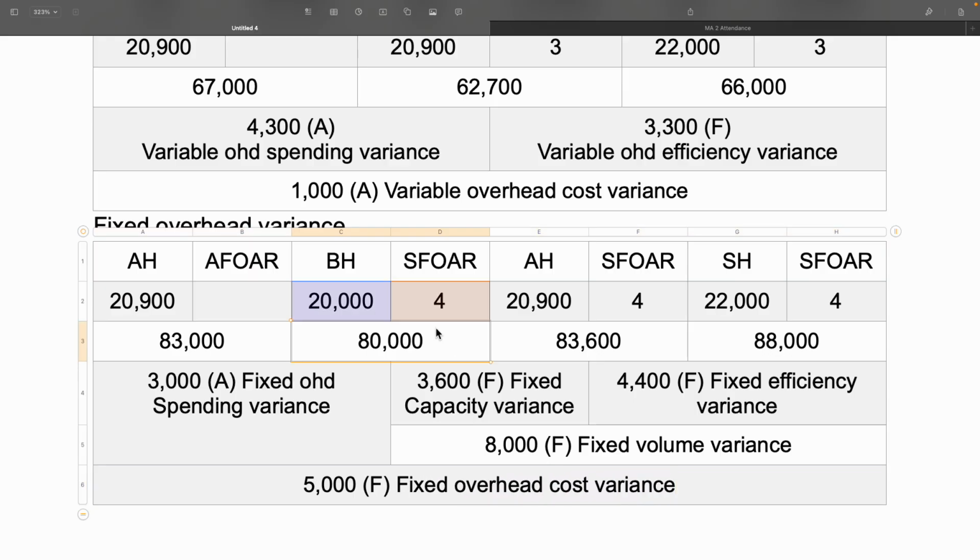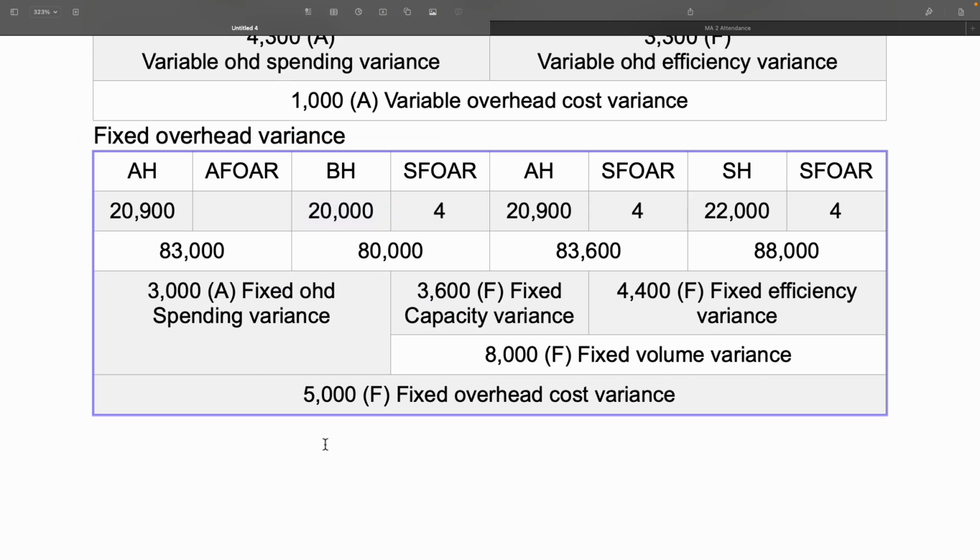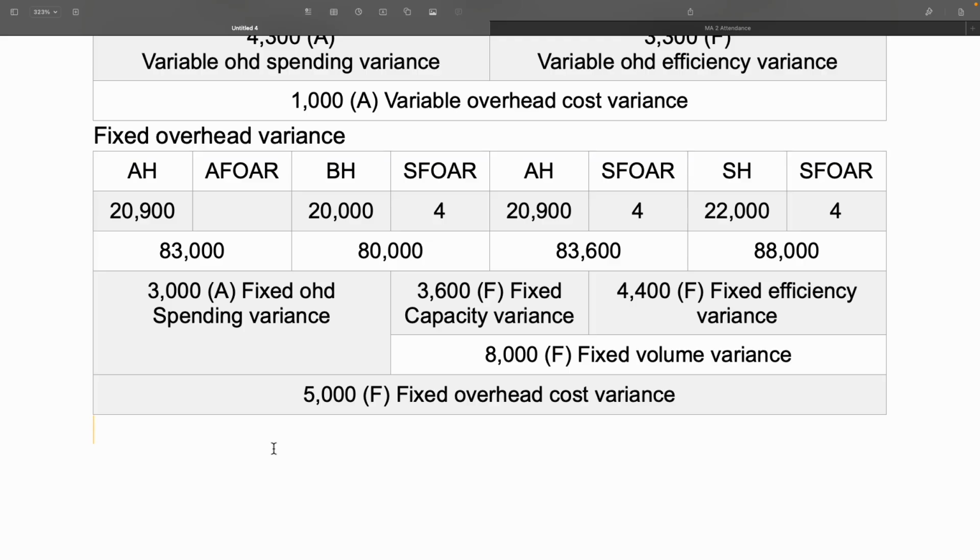Okay, done. You are done with the, what do you call, absorption costing. Now what's the difference in marginal costing?